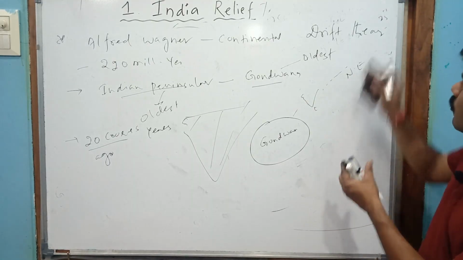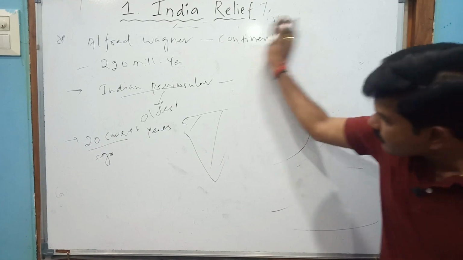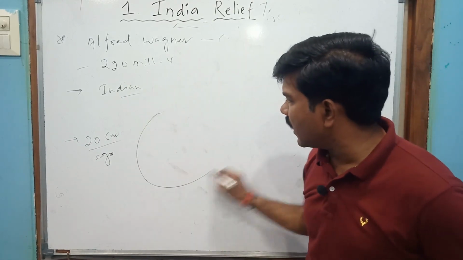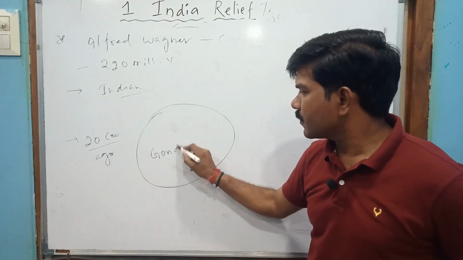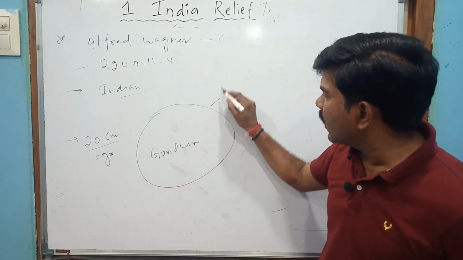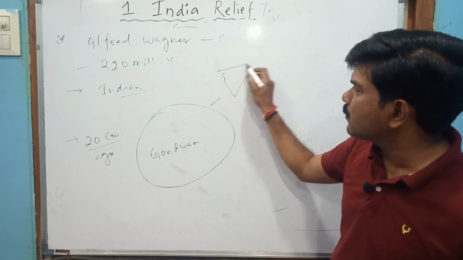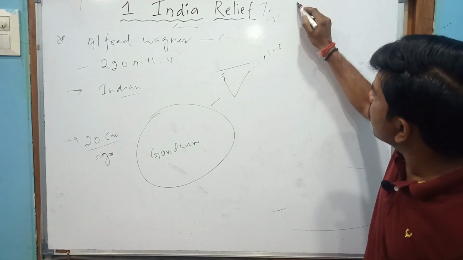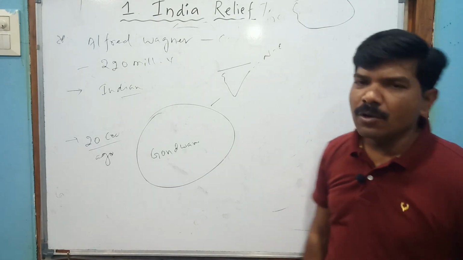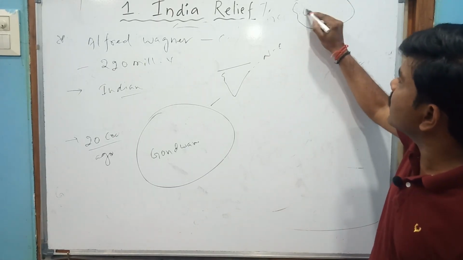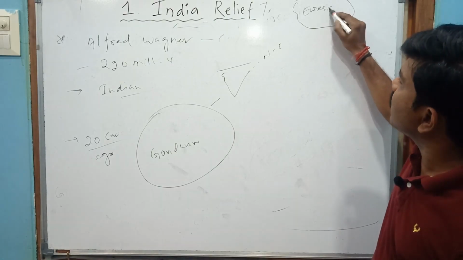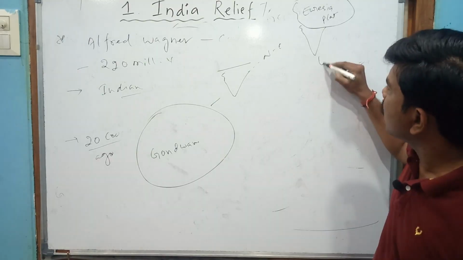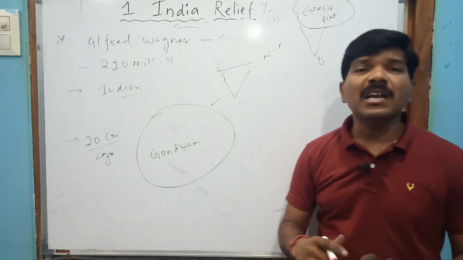When India moved to the northeast side, from the Gondwana land, this India part was formed. There was a very big Eurasian plate there. So the Indian landmass collided with a much larger plate.